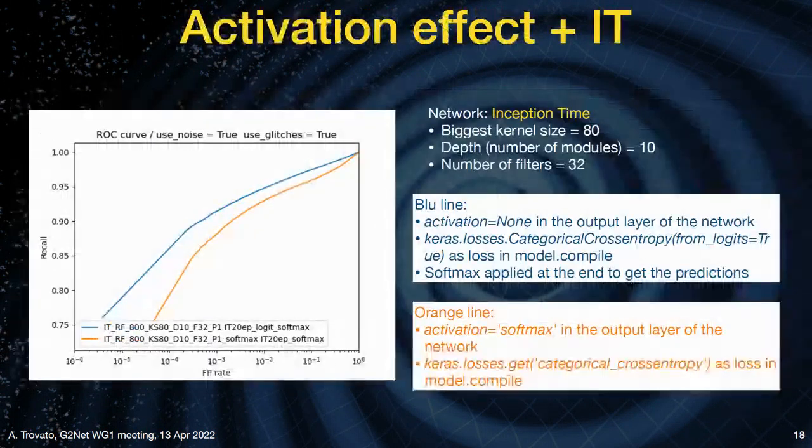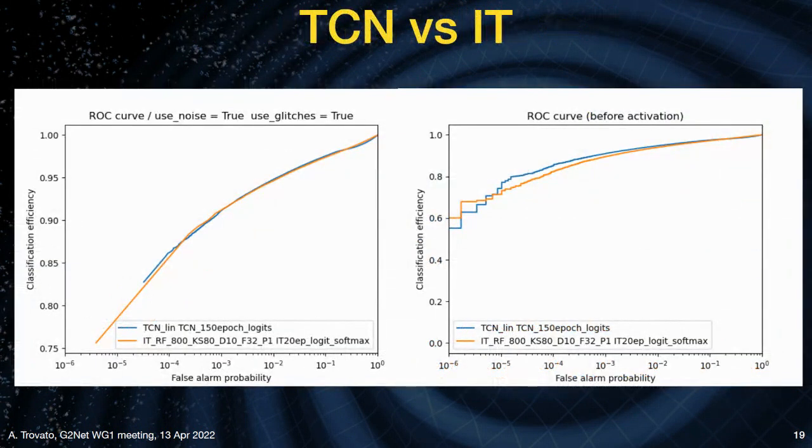And this result was specifically for inception time, but with the TCN, so with the other specific network, we get very similar results. This is calculated after the final softmax.